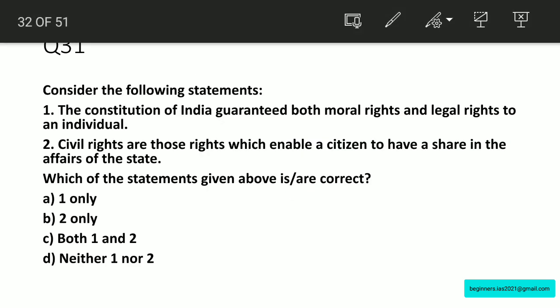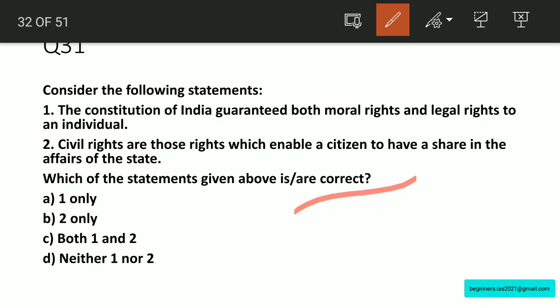Let us move on with question number 31. Consider the following statements. The Constitution of India guarantees both moral rights and legal rights to an individual. Civil rights are those rights which enable a citizen to have a share in the affairs of the state.